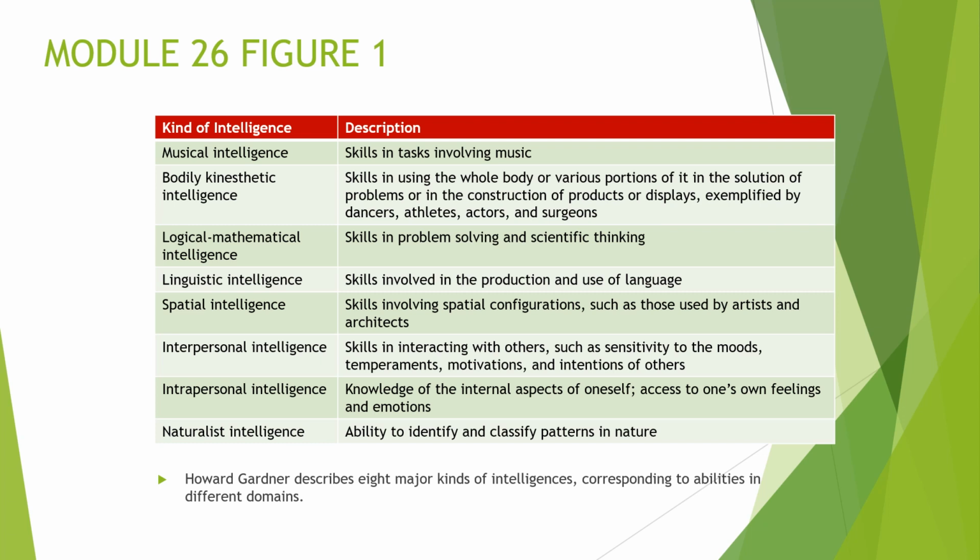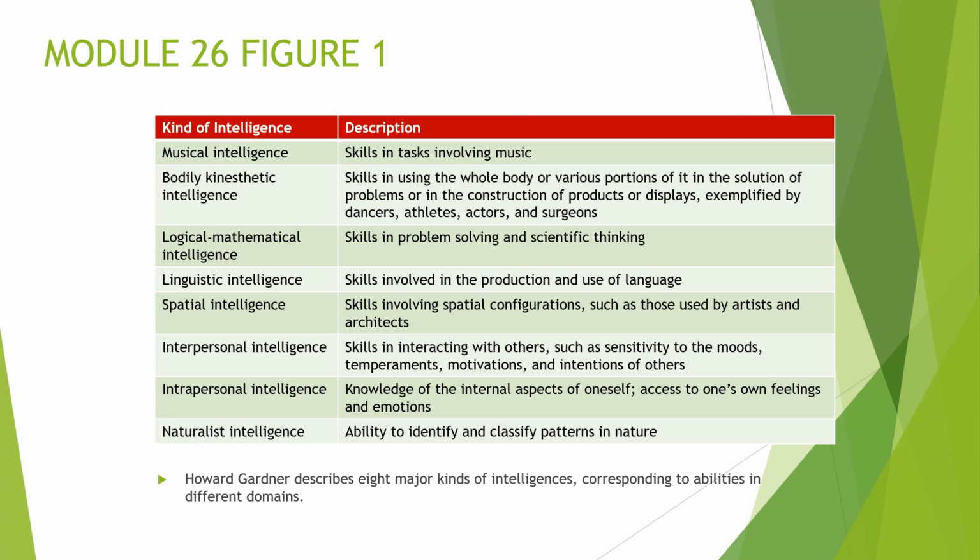You have interpersonal intelligence. That means that you are skilled in interacting with others. Intrapersonal intelligence, the knowledge of internal aspects of yourself and your access to your own feelings and emotions. So interpersonal would be you and others.